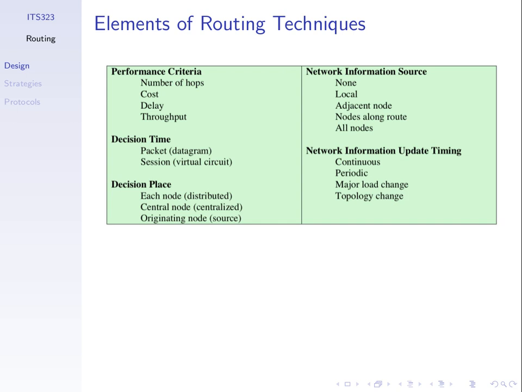A distributed approach is there's no central node here. The individual nodes make decisions by themselves. We'll see that that's the common approach. We'll see when we look at routing tables shortly some different ways to store that information.